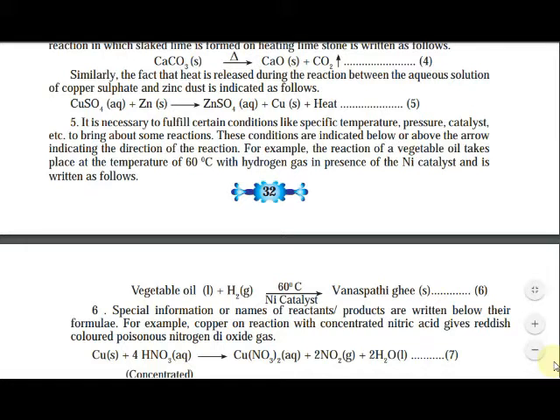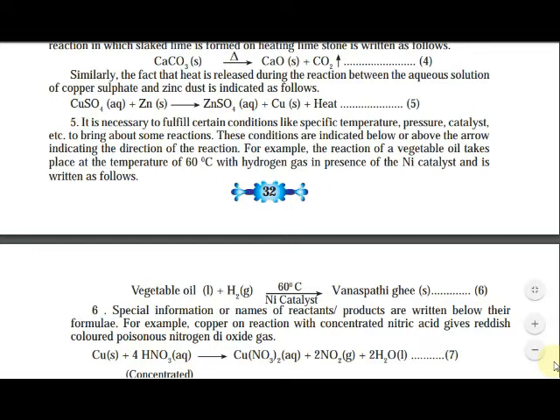For example, copper on reaction with concentrated nitric acid gives reddish colored poisonous nitrogen dioxide gas. Cu plus 4HNO3 gives out Cu(NO3)2 plus 2NO2 plus 2H2O. Which reaction?